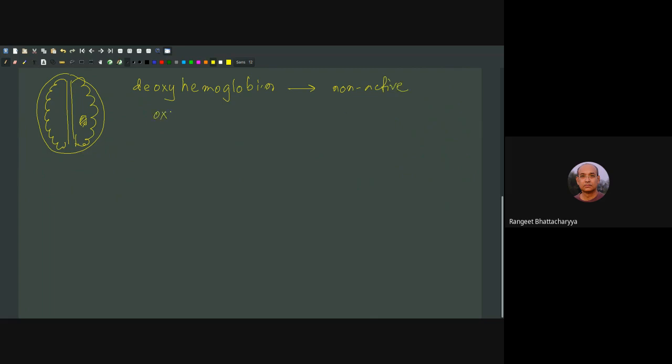And in the active areas, you typically have oxyhemoglobin being brought in by the blood flow. So what happens if oxyhemoglobin is brought in? Oxyhemoglobin is diamagnetic, and deoxyhemoglobin is paramagnetic.